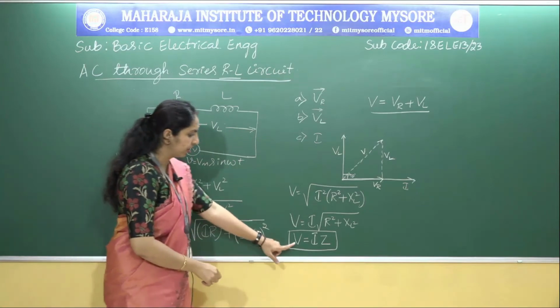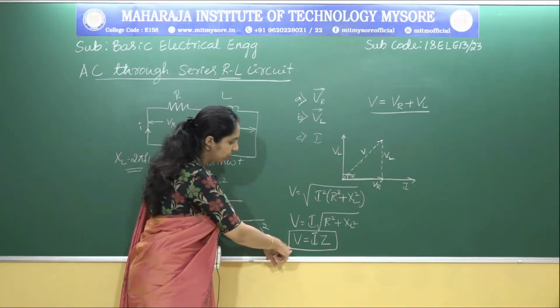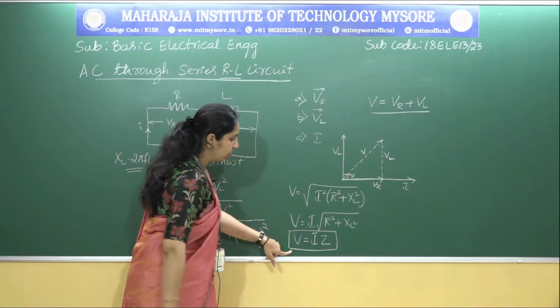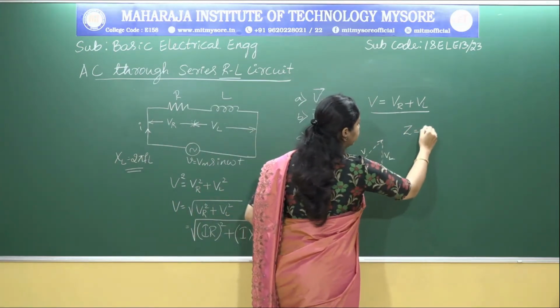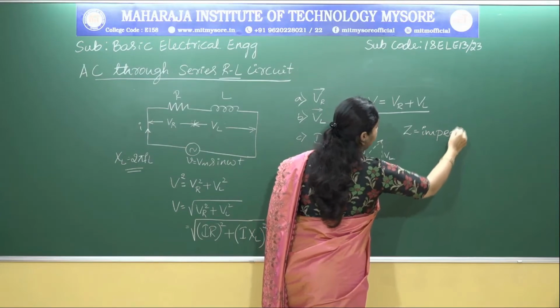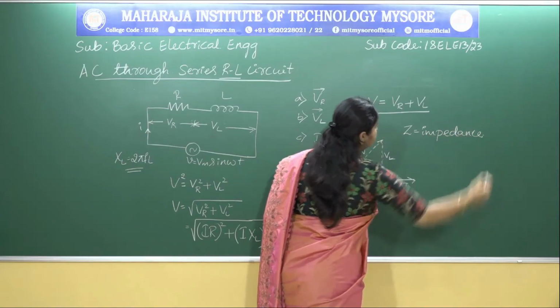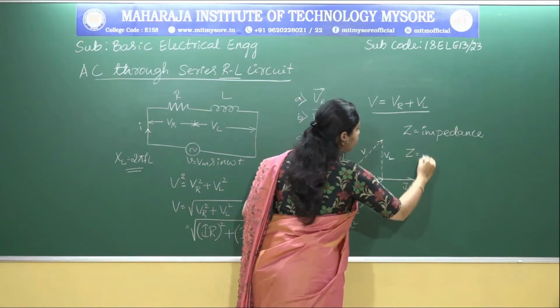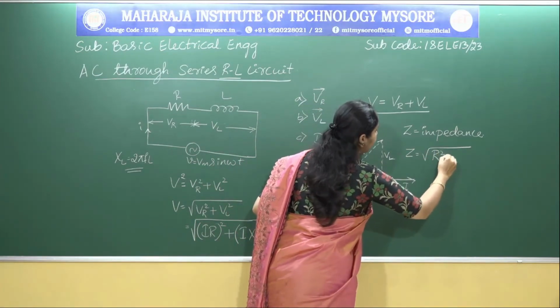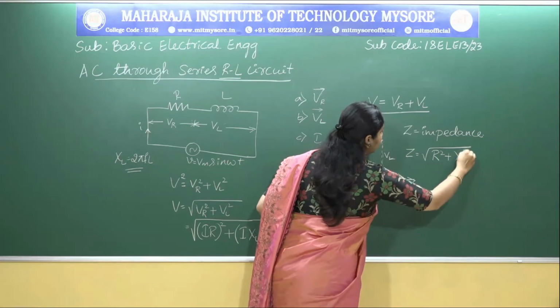Finally, we can write this equation as V is equal to I into Z. What is Z? Remember, Z is the impedance, where Z is equal to the square root of R square plus XL square.